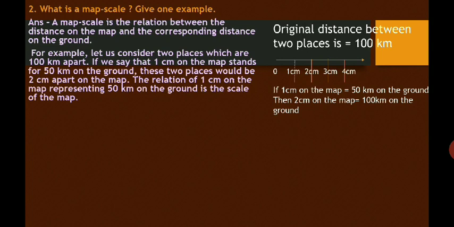So 50 km on the ground means 1 centimeter on the map. If there is a 100 km distance on the ground, then 50 km represents 1 centimeter, so 100 km represents 2 centimeters on the map. The relation of 1 centimeter on the map representing 50 km on the ground is the scale of the map.